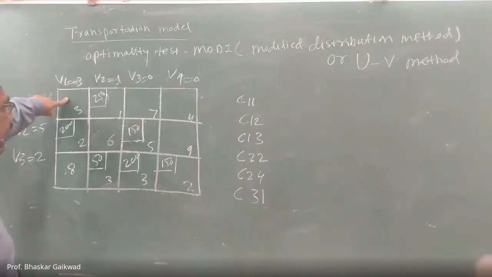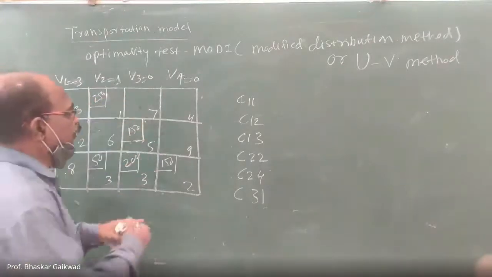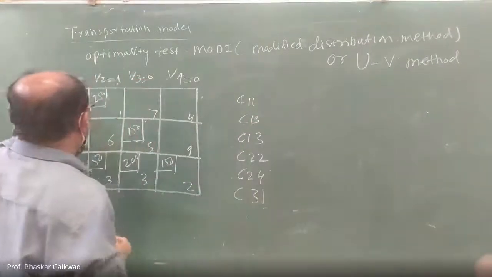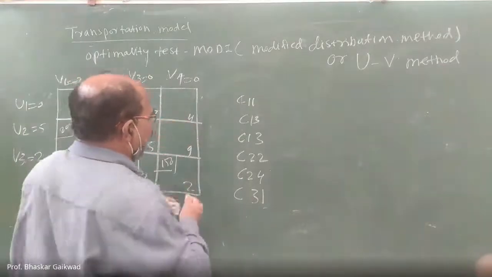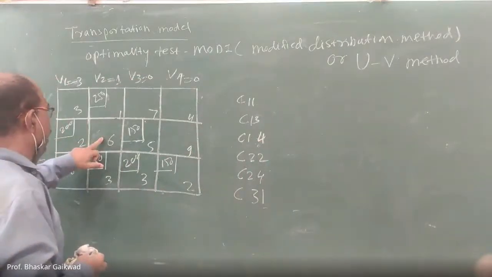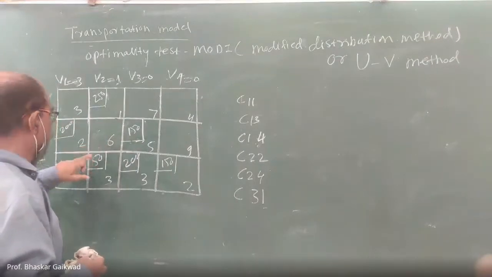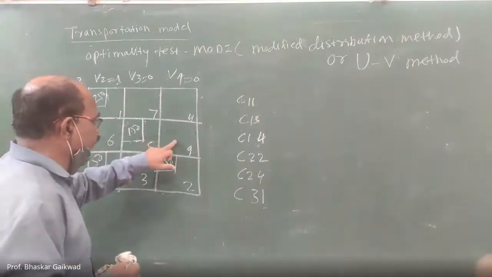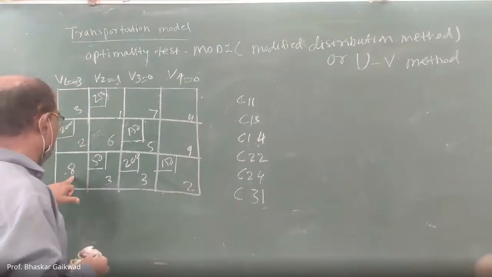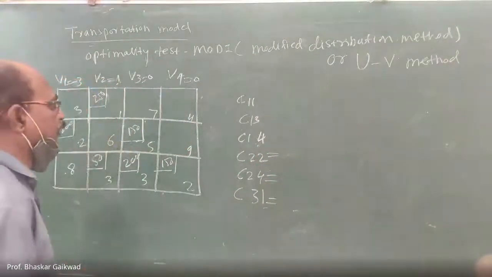So this is 1, 1, 1, 3, 1, 2, 3, 1, 4, 2, 2. Second row, second column. Then you have second row and fourth column. Third row and fifth column. You can take it. Optimality.